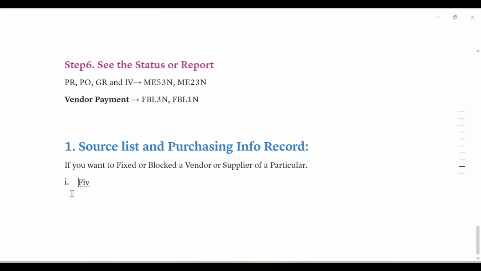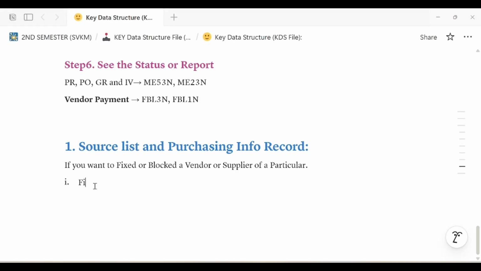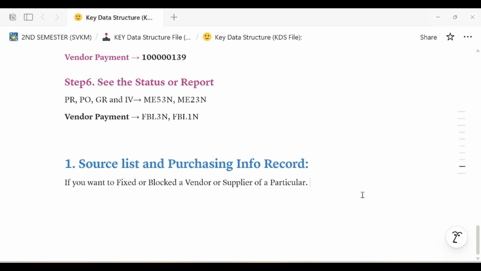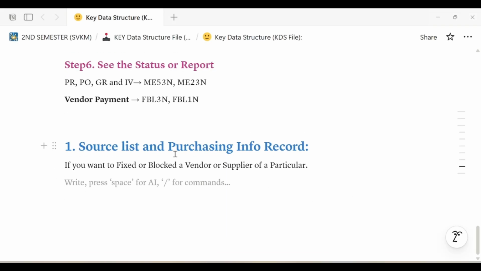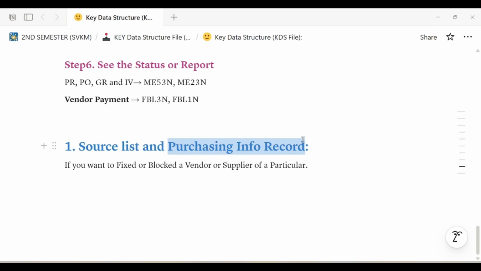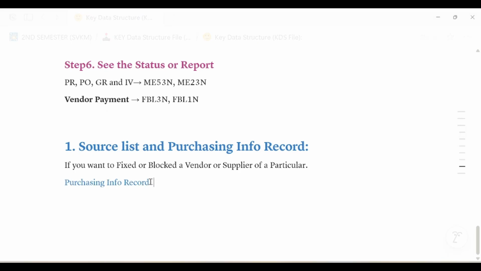First, what are the T codes for purchasing info record? Why do we use the purchasing info record?